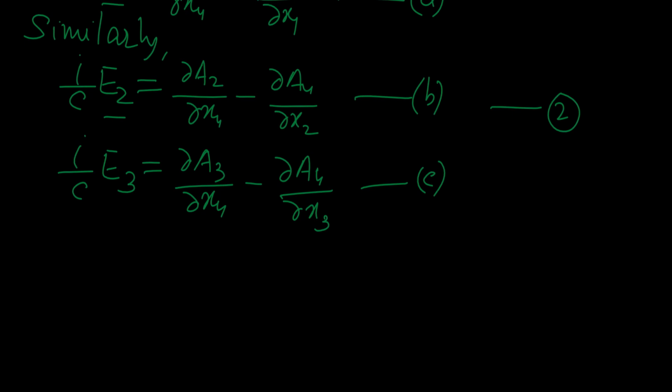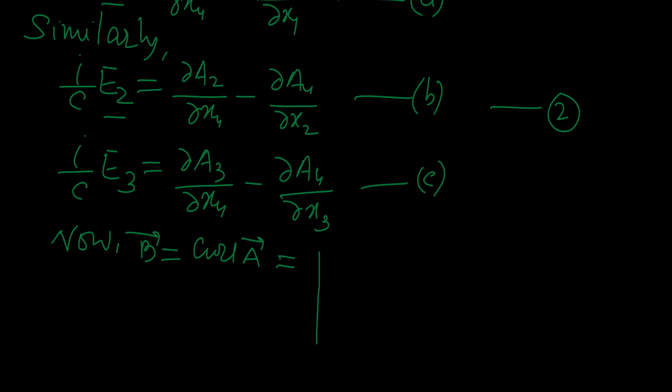Now, on the basis of the second part of equation 1, that is B equal to curl A, we will find the components of vector B. Now I am just repeating that equation. B equal to curl of A, and you know how the curl of a vector is defined.